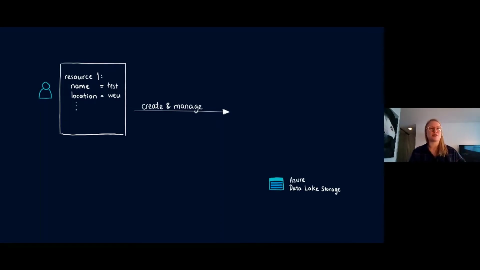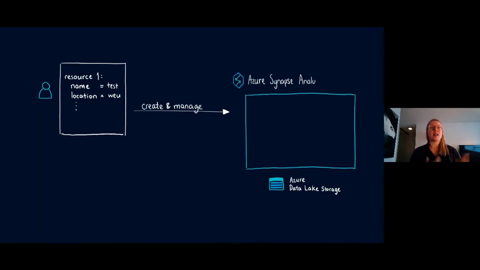For example, your Azure Data Lake storage for your Azure Synapse Analytics workspace and any other resources that come in there. By tweaking the configurations and settings in your file, you are able to also change the settings for your Azure Synapse Analytics workspace. And we have many options to do this, as I already mentioned. We can use ARM templates, that's one option.